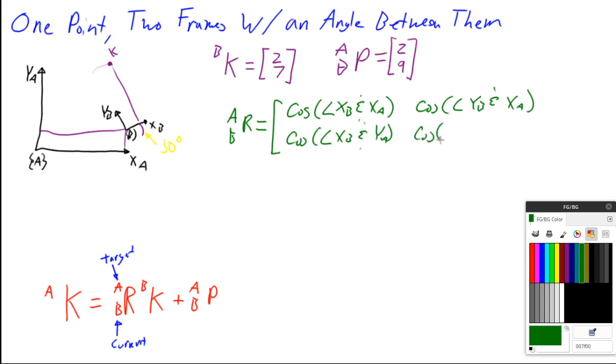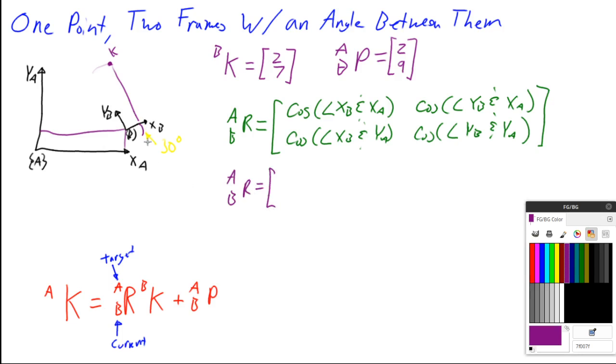And then finally, this is the angle between YB and YA. So let's figure out what this is for our case here. So we've got something like this.